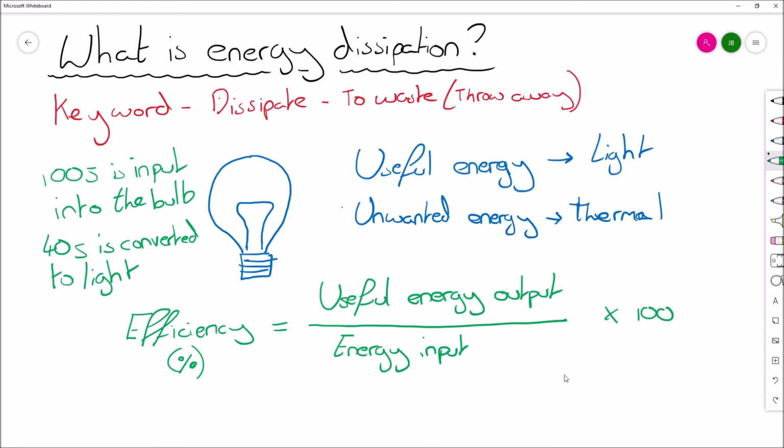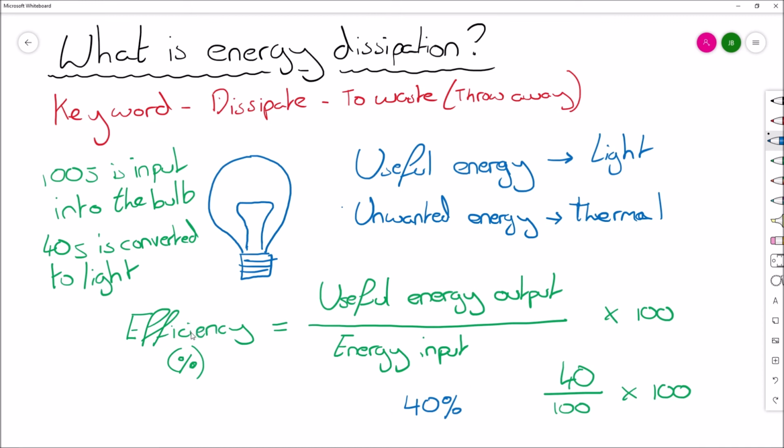We'll put this together and we'll have 40 divided by 100 times 100. Now this one's quite straightforward. We'll get an energy efficiency of about 40%. That's not very efficient. That's quite low. We should probably be aiming for 75% plus for good efficiency. So this one, not a very good bulb.